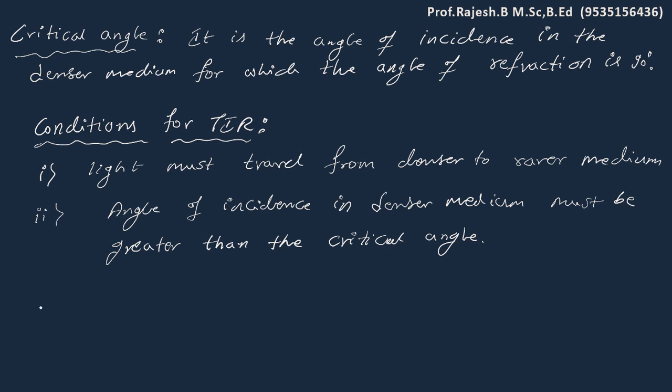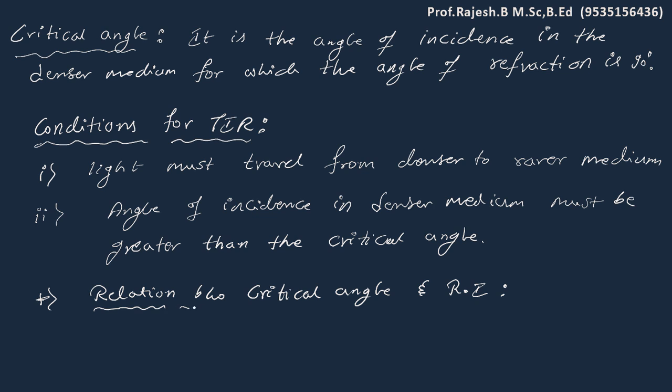Next, what is the relationship between critical angle and refractive index? Very, very important. Relation between critical angle and refractive index. Because for the denser medium I can take either glass or water, whatever it is, the critical angle varies with the refractive index, and this is the formula.